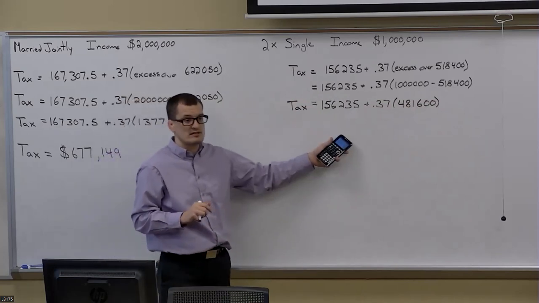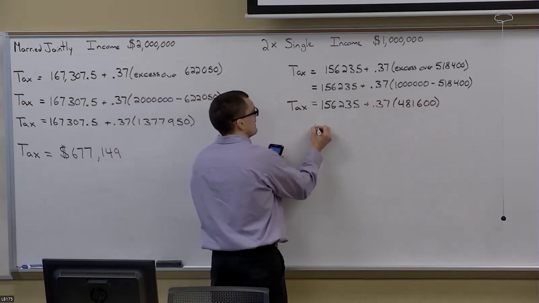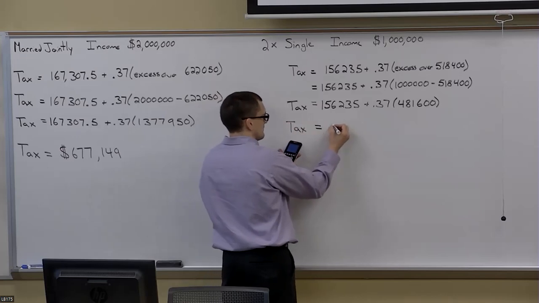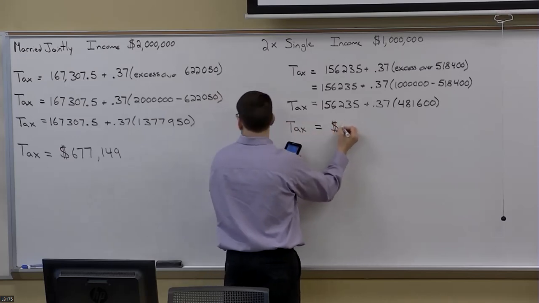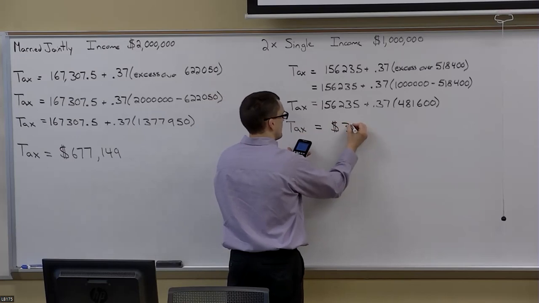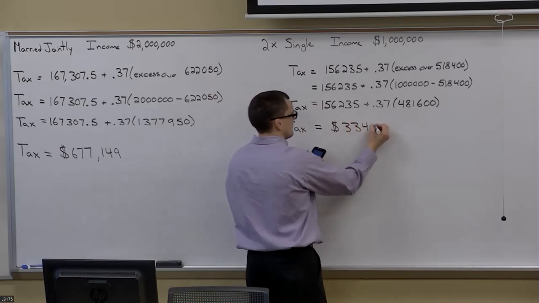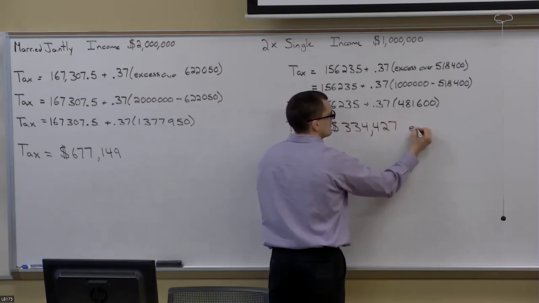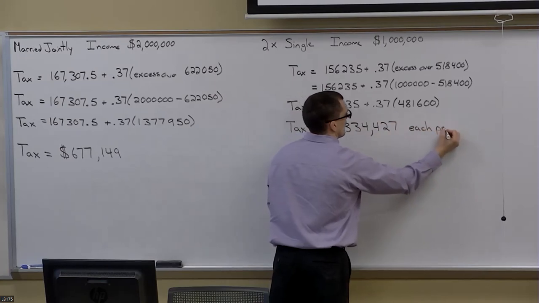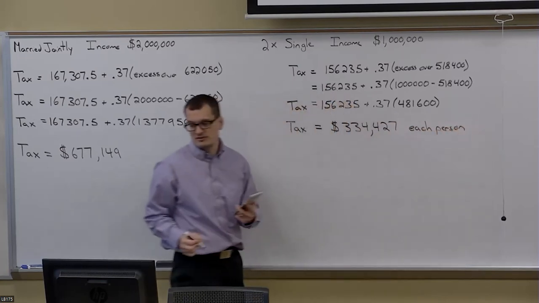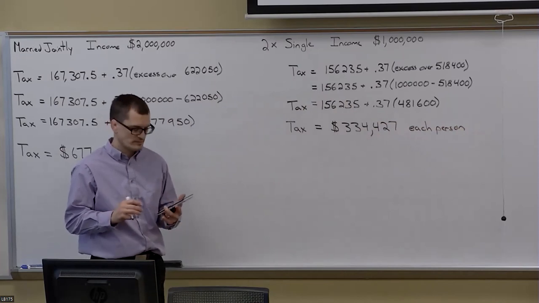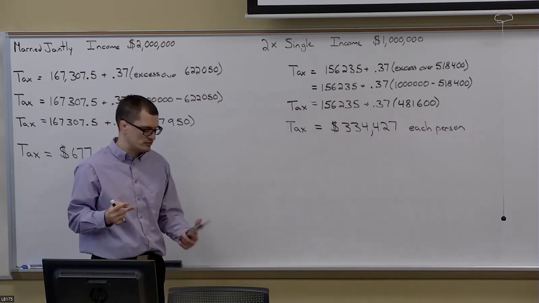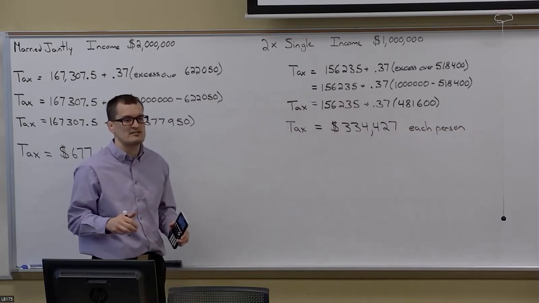I typed that in my calculator, and what I ended up with was that the tax on each person is $334,427. That's for each person, right? Because there are now 2 individuals, let's just multiply that by 2.